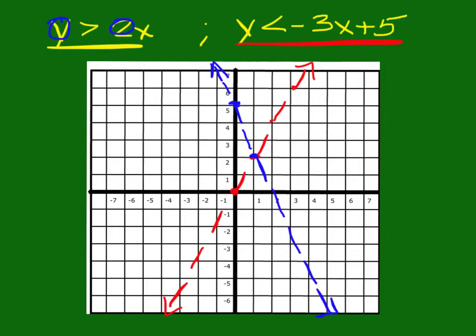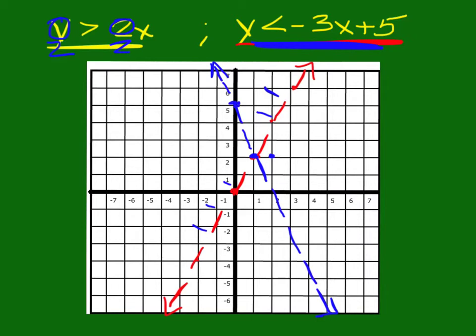How about we choose 2, 2? When you put in 2 here and then over here, you'll have 2 greater than 4. Is that true? No. So you're going to be shading this side of that line at some point, but we can't do anything yet. We'll go look at this one.